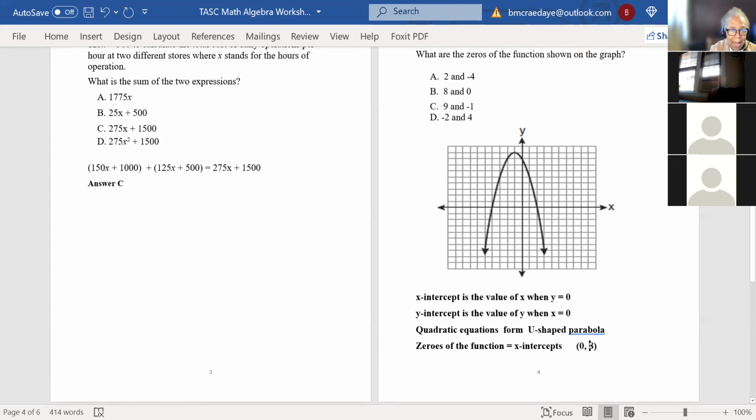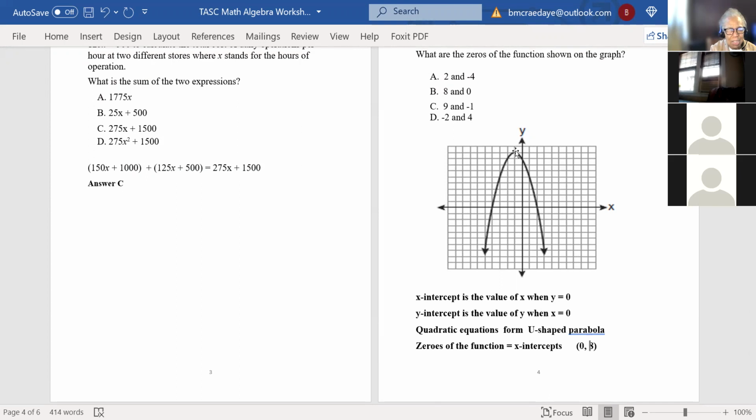Okay. This was 8, right? This is 9 and this is minus 1. That's an apex. That's not the zeros of the function. Right here you have a 9 on the y. Actually, it's 9 and minus 1, but usually you give the x first, and then you give the y.